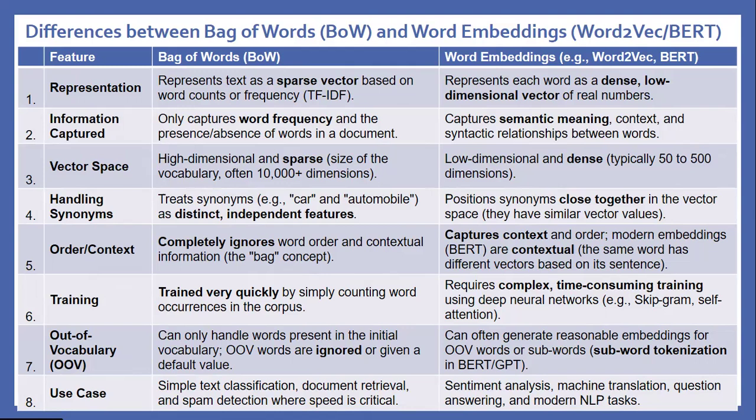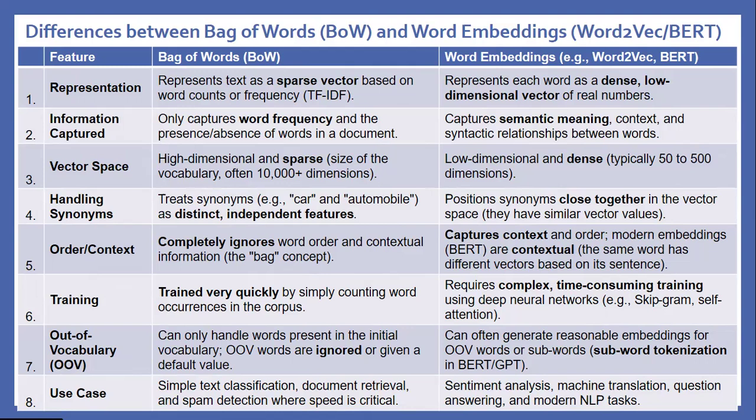Word embedding requires complex, time-consuming training using deep neural networks, for example skip-gram, self-attention. Out of vocabulary: bag of words can only handle words present in the initial vocabulary. OOV words are ignored or given a default value. Word embedding can often generate reasonable embeddings for OOV words, or use subword tokenization as in BERT and GPT.